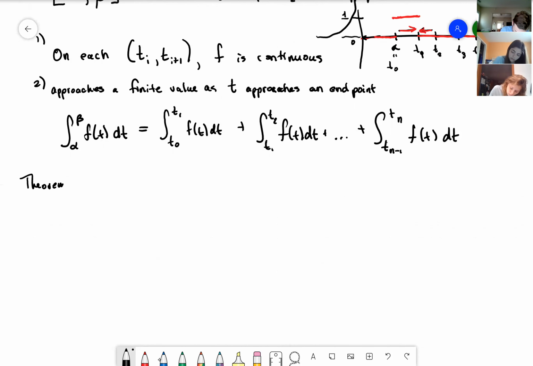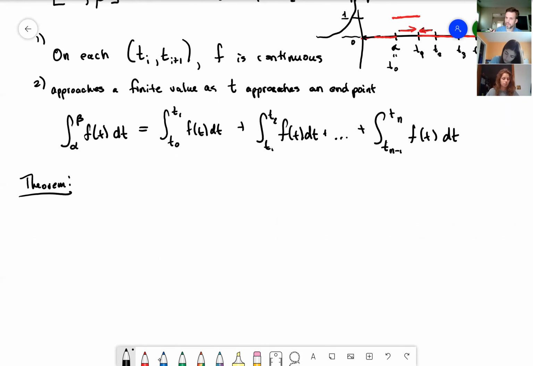Now, sometimes if we're looking at an improper integral of a piecewise continuous function, it might be difficult to see how we can rewrite that integral in terms of elementary functions that we're used to, so we can know how to evaluate that limit. So what we can do is compare our integral to some other integral that's easier.